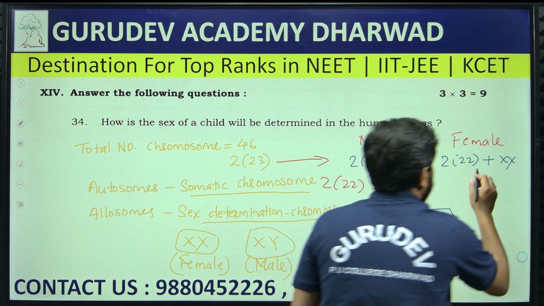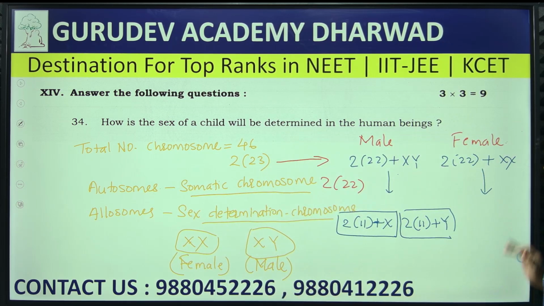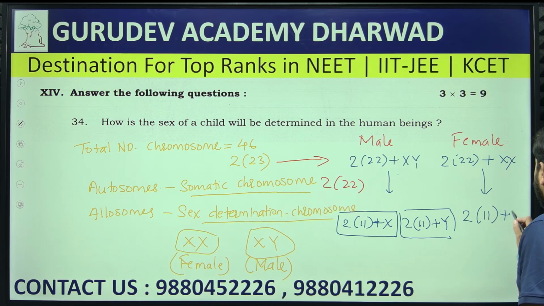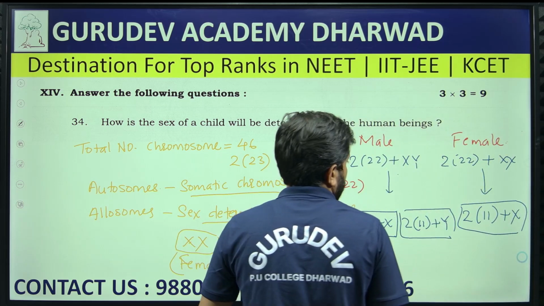Then in the female, only one type of gamete, that is 22 plus X, right. One more will be there, that is 22 plus X. So with identical type of allele, only one type of gamete we are going to find.